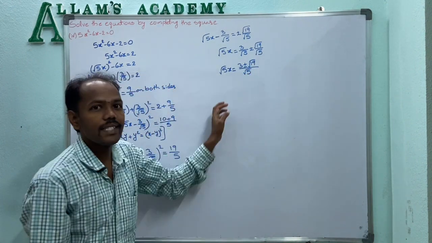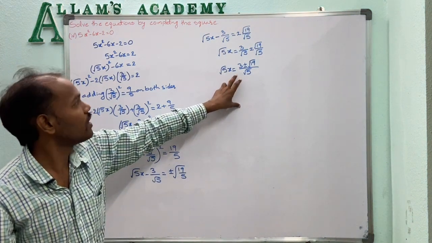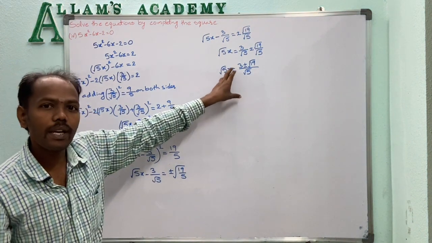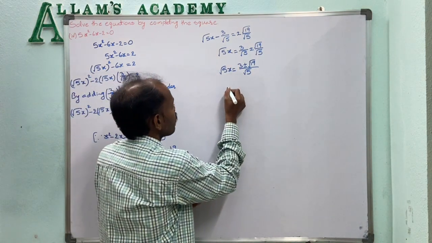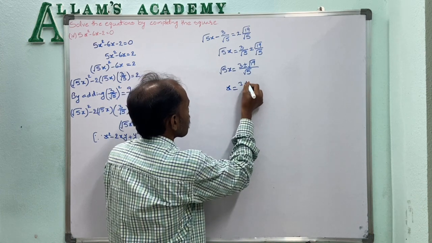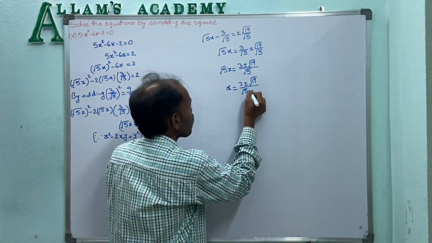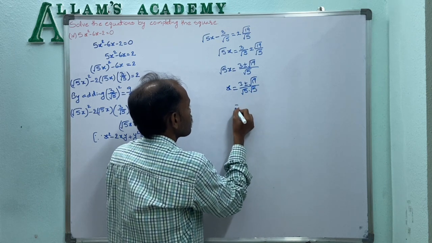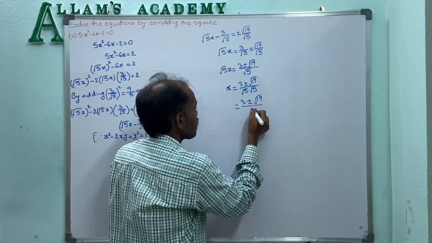We want to find the x value only, so this √5 is transferred to the other side. Here √5 is multiplied with x, so transferring this side it becomes division. So x = (3 ± √19)/(√5 into √5). √5 into √5 is √25, which is nothing but 5.